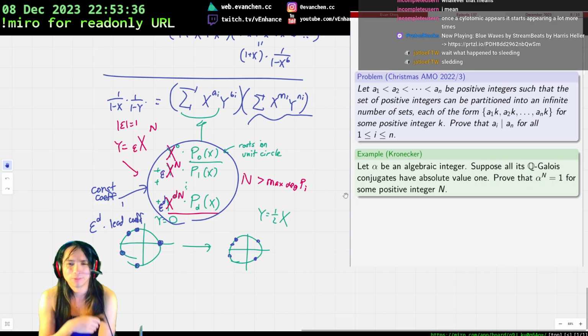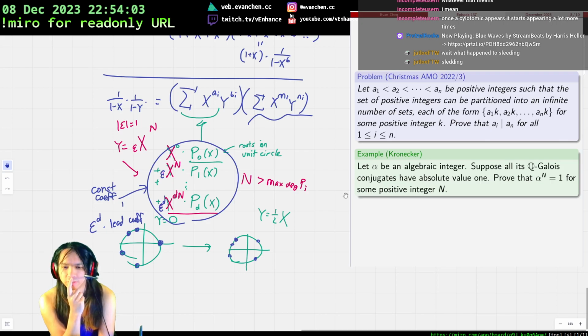Wait, something's wrong here. Sorry, the discrete thing is never going to work. The reason it's never going to work as written here is the Kronecker thing only works if the coefficients of everything in play are integers, which is not true.